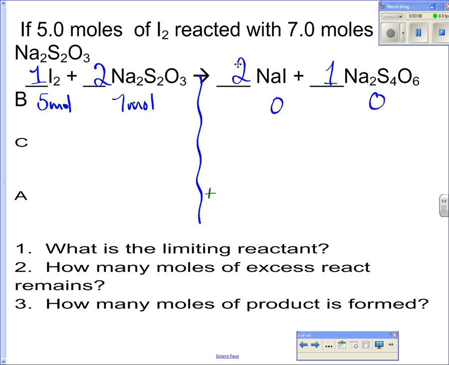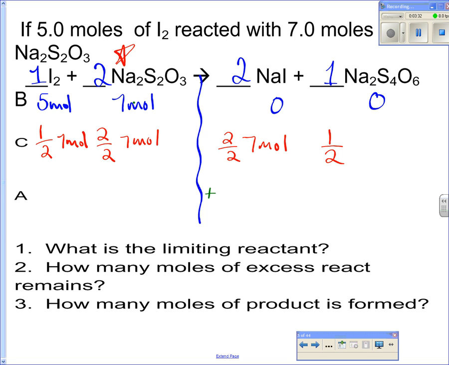So I'm going to change that, and now I'm going to pick this as my superstar. My fractions change. It's going to be 1 over 2, 2 over 2, 2 over 2, and 1 over 2. And now it's all about the 7 moles because that's my superstar. So I'm going to write 7 under everybody. You don't get to choose different numbers.